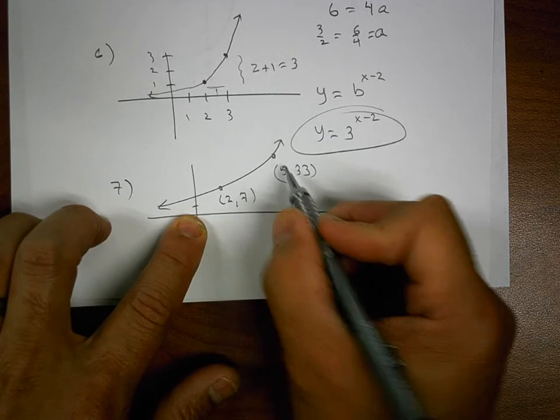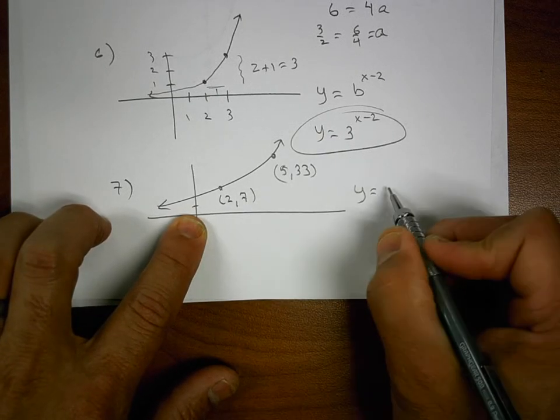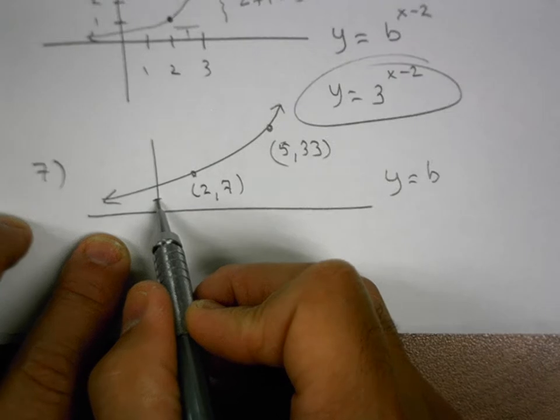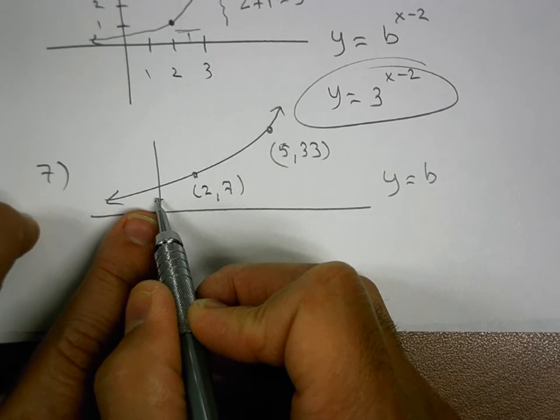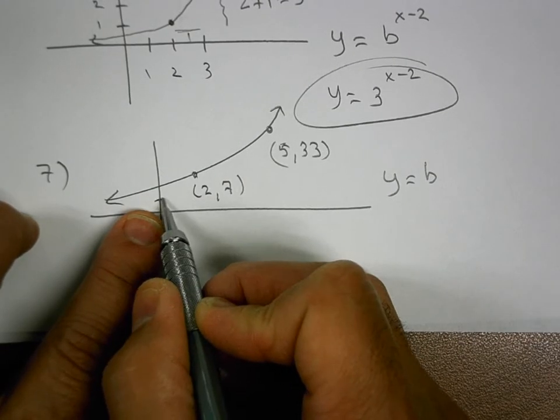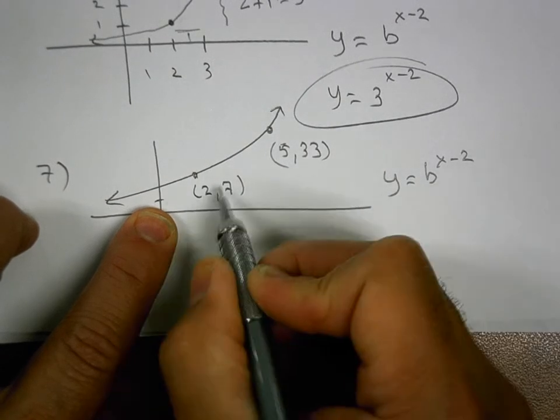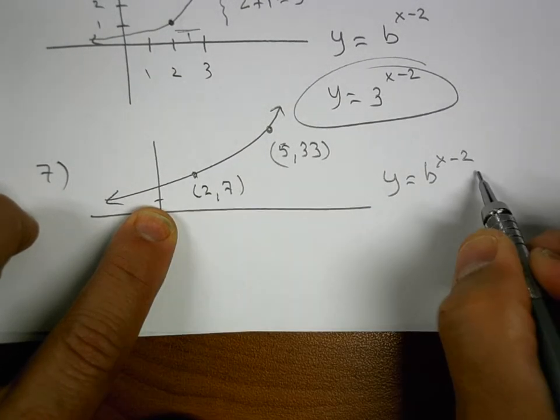All right, so y is equal to b. Let's look at the shift. Okay, it starts at 0, 1. So to get to this point, I have to go over 2. So it's x minus 2. Then I have to go up 6. So plus 6.